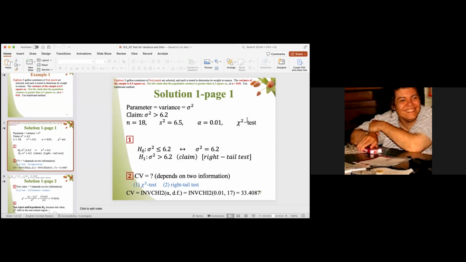Now we have two tests for means from 8.3 and 8.4, right? So we have two tests for means. That's why we have the flow chart to tell us which one we're using. If you're not testing a mean, the flow chart doesn't apply, okay?